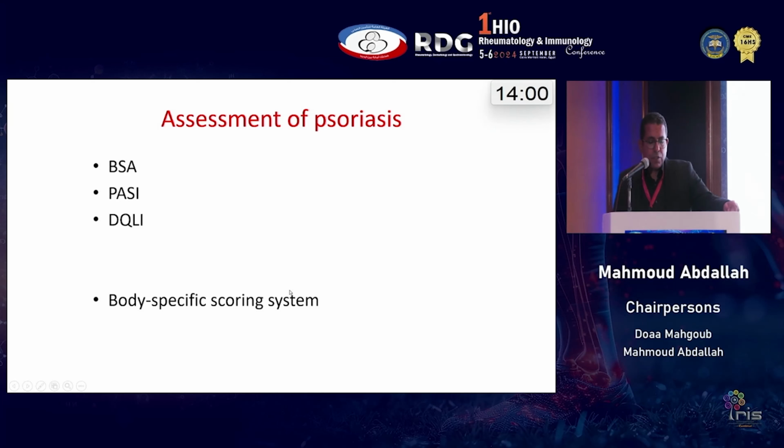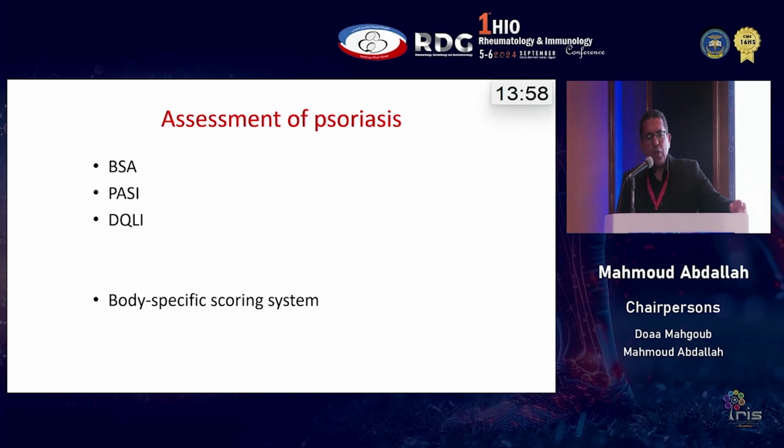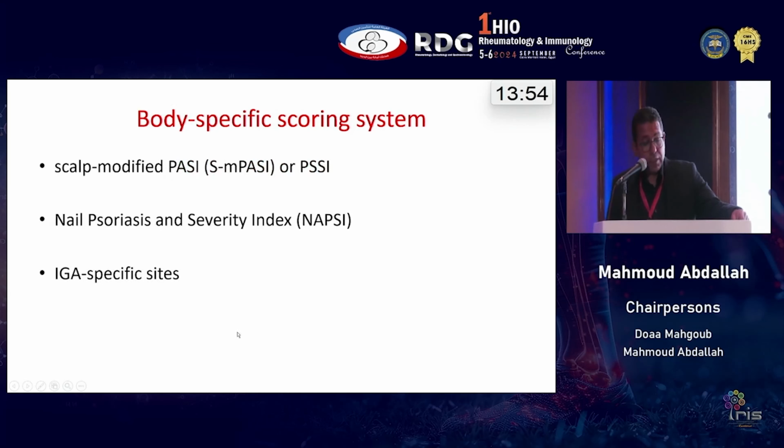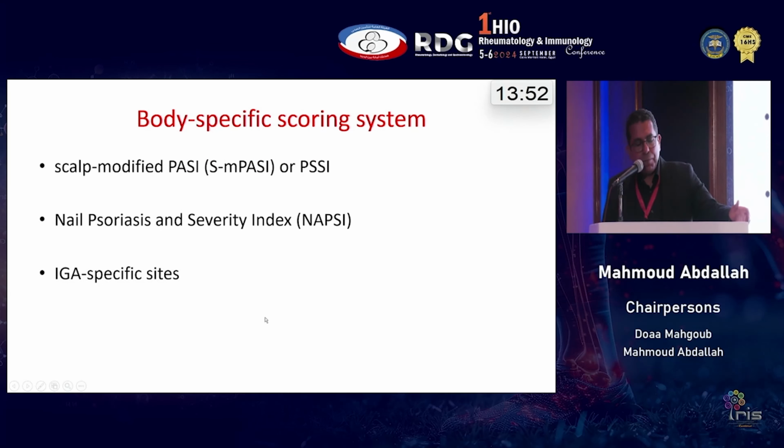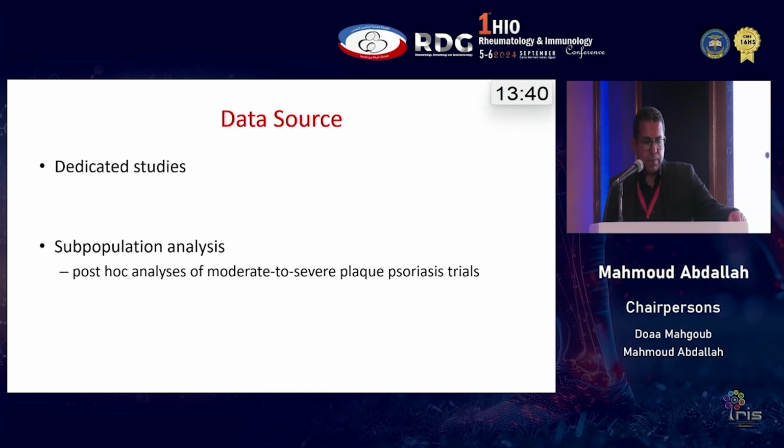The assessment, if we assess only difficult to treat areas, usually uses body-specific scoring systems. For example, the scalp modified PASI, or the psoriasis scalp severity index for the scalp, or the NAPSI for the nails, or the IGA specific sites.